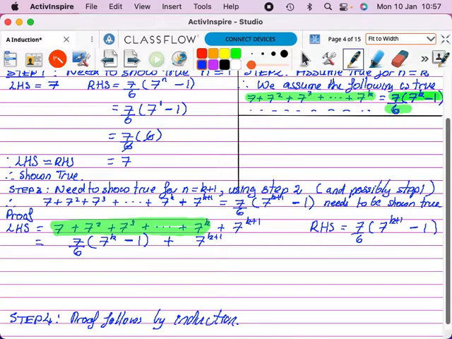In order to factorize, I'm going to try and make this look just slightly simpler to spot a factorization. So I'm going to write this as 7 on 7 to the power of k, where I've used the laws of indices in reverse.